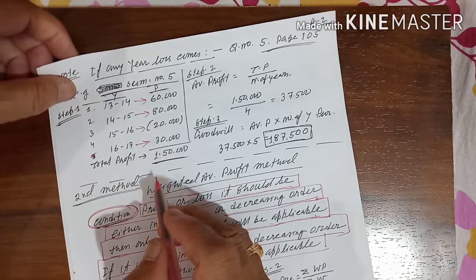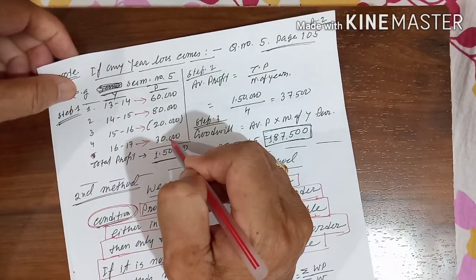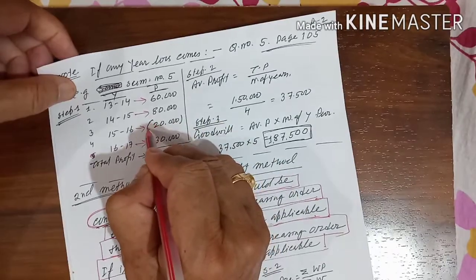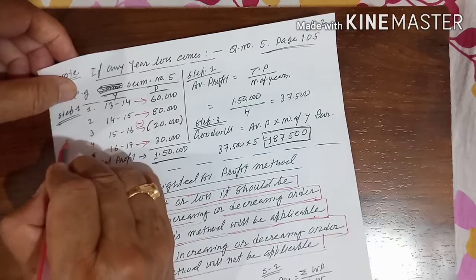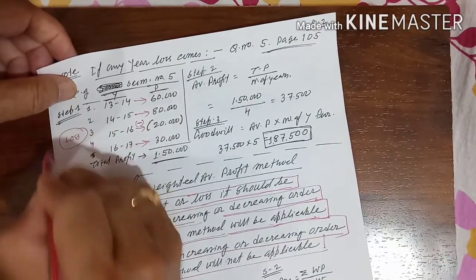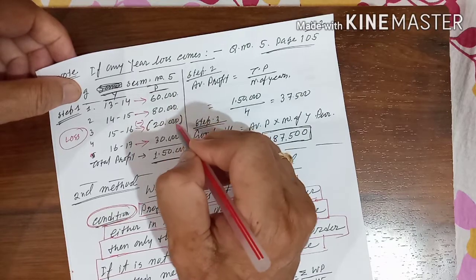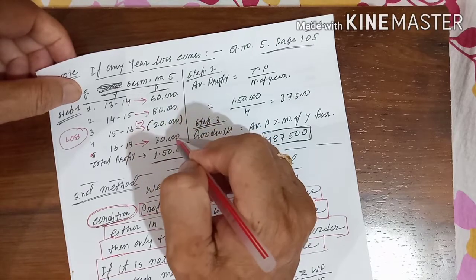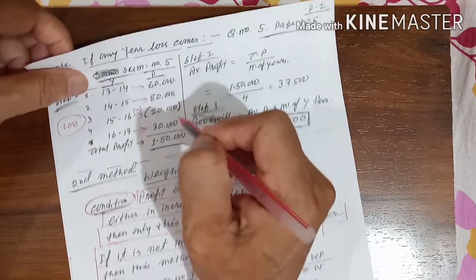Previously it was 5 years. See 60, 80, 20 and 30. But 20 is given within brackets. Within brackets means it is a minus. Minus means it is a loss, not profit. So profit for the first year is 60,000, then 80,000, and the third year is a loss, then the fourth year again it is profit.